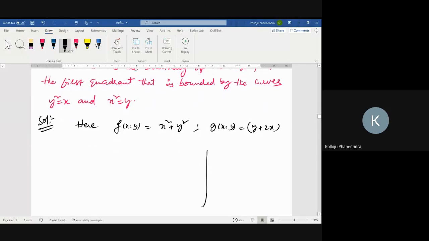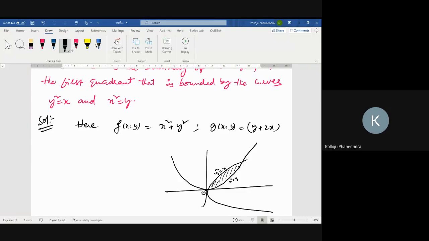Let me draw. Bounded by y square equal to x, this is the curve y square equal to x, and x square equal to y. This is x square equal to y. So this is y square equal to x, and this is x square equal to y. So this is the region, bounded by these two parabolas.